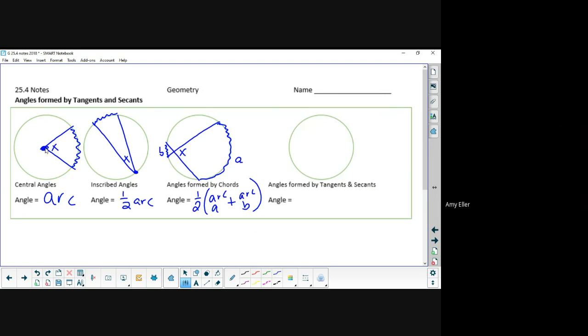So put a dot outside of your circle and draw any secant line you want. Any line that touches the circle 2 times. Draw another secant line.